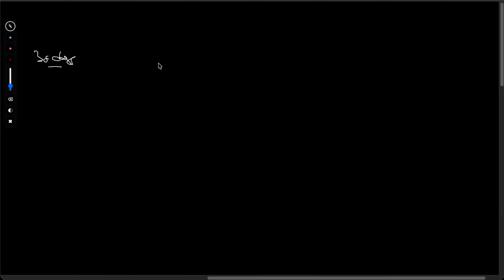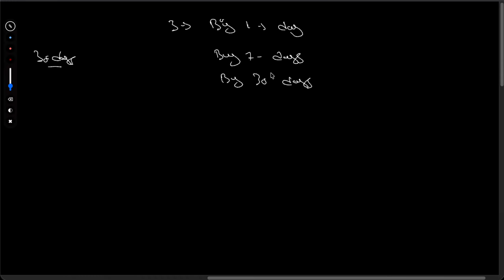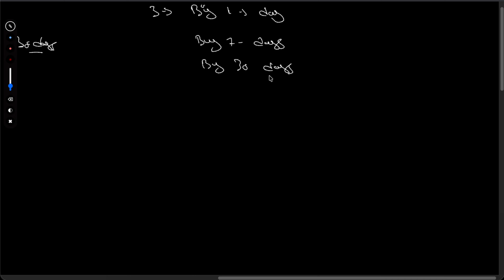At each travel day you have three options: buy a 1-day pass, buy a 7-day pass, or buy a 30-day pass. So you must think, if I buy this pass today, which future travel days will it cover? Then calculate the total cost, then choose the minimum.